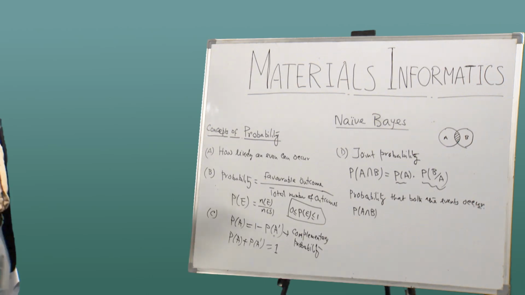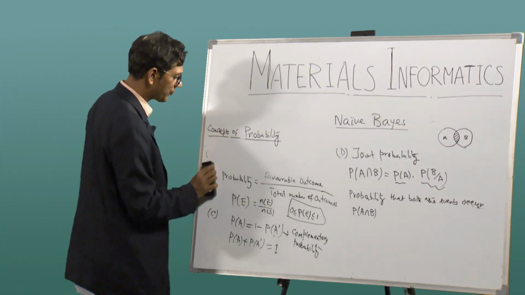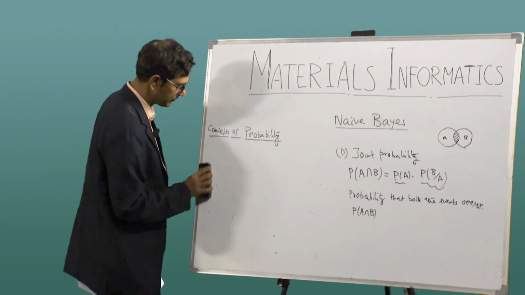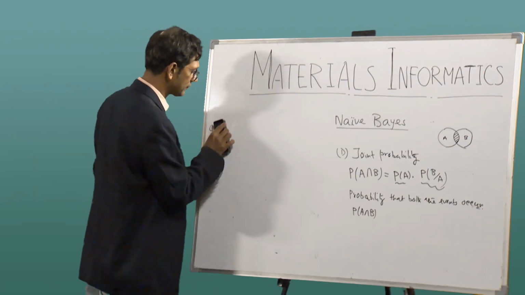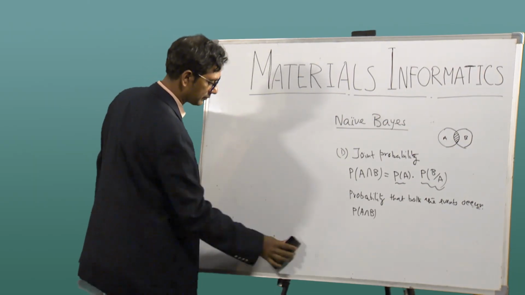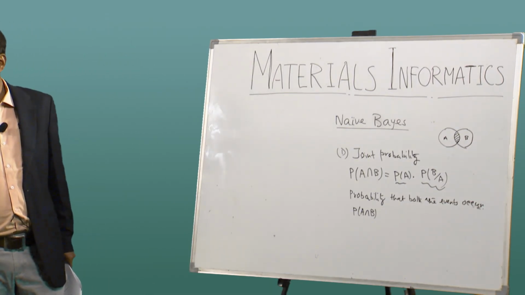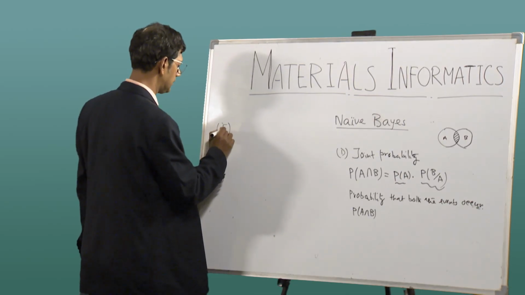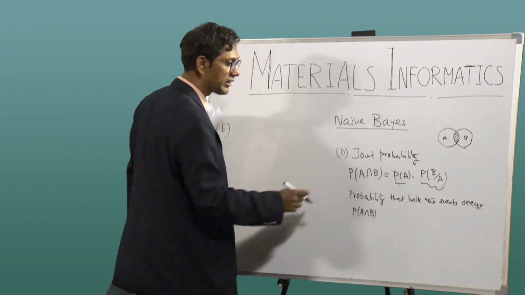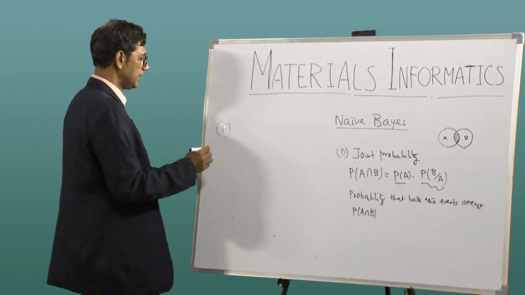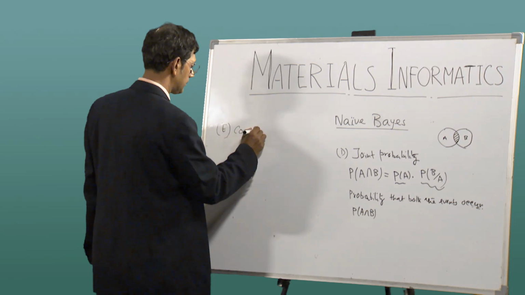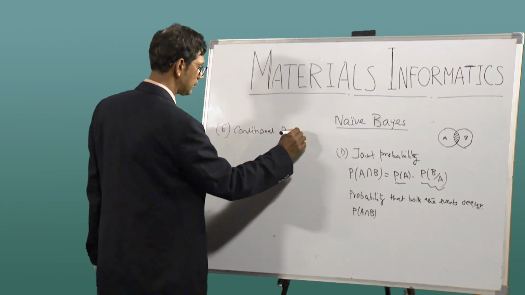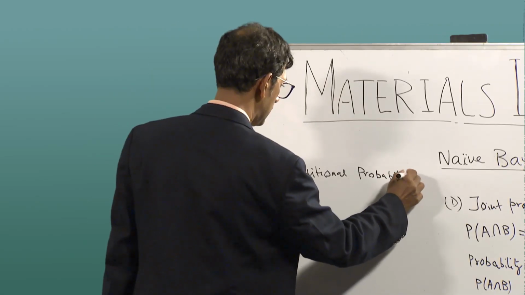So, let me write it down here on the left side. I have discussed what is joint probability. Remember, these all will be required for Bayes theorem. That is why. So, point number E is what we are talking about, conditional probability. Remember joint probability is when both the events are occurring simultaneously. So, conditional probability, a very important concept. What is that?